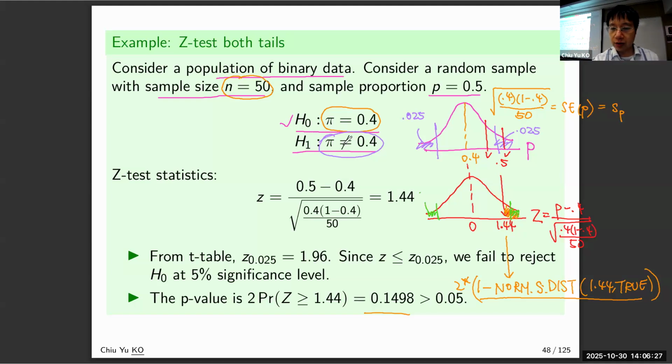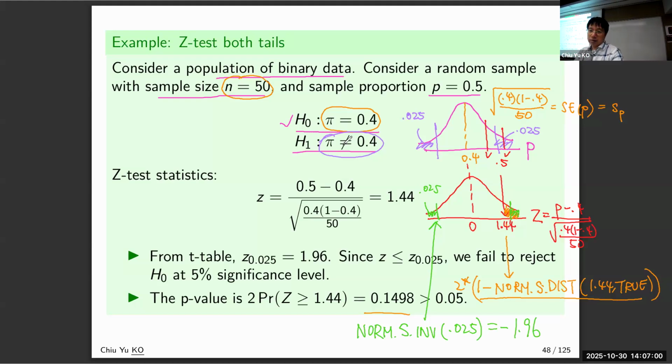Okay, this is 0.025, and this number is norm.s.inv of 0.025, which will end up negative 1.96. That means that the other side will be positive 1.96, and 1.44 is not within the region beyond 1.96. So you will not reject.